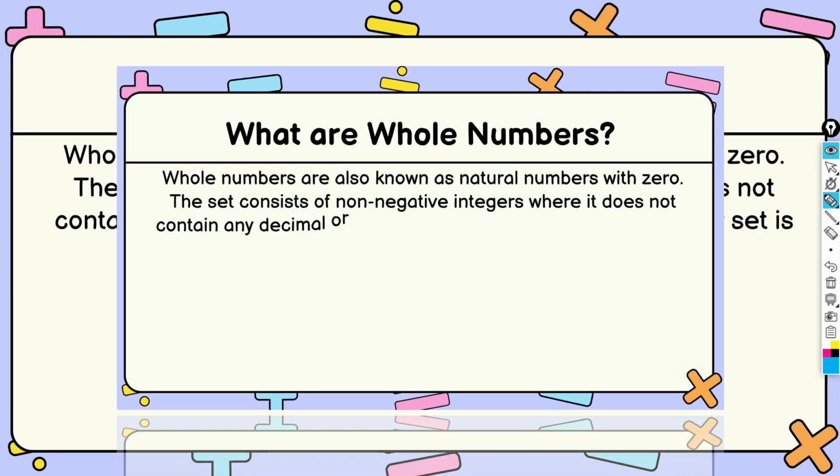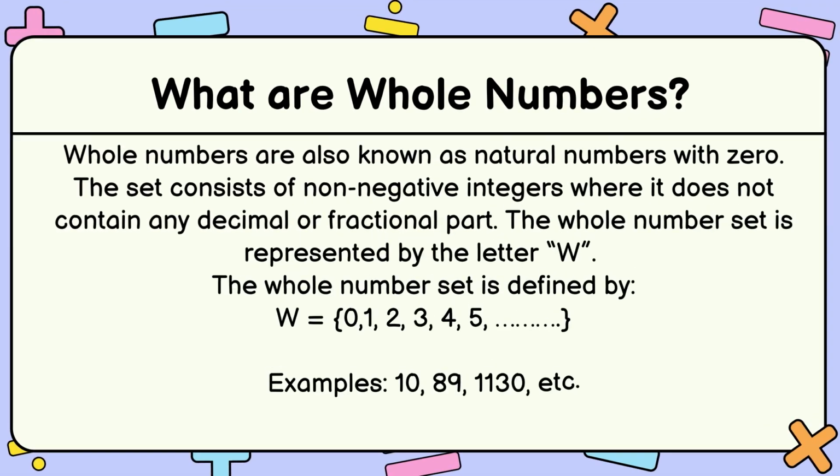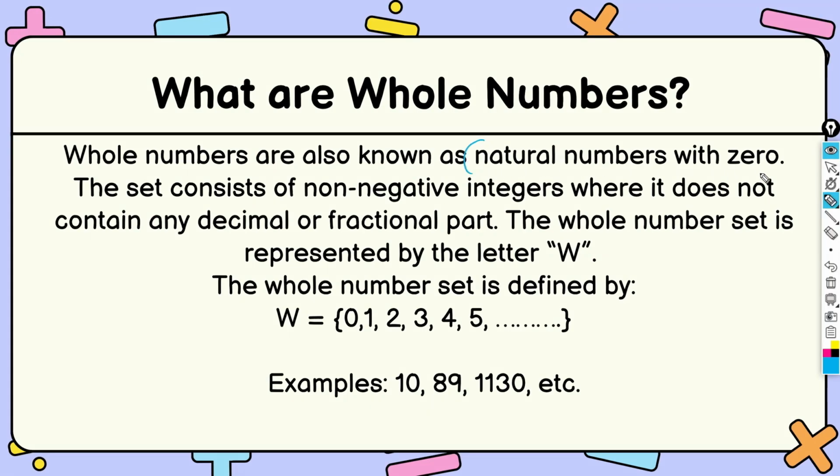What are whole numbers? Whole numbers are also known as natural numbers with 0. The set contains non-negative integers, and it does not contain any decimal or fractional part. So, what are natural numbers? Natural numbers are numbers from 1 to infinity.